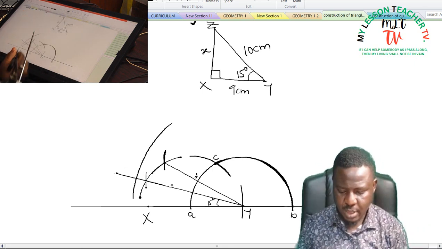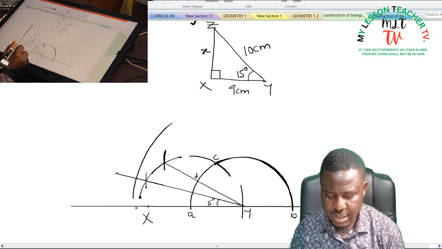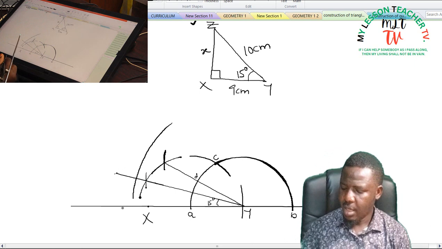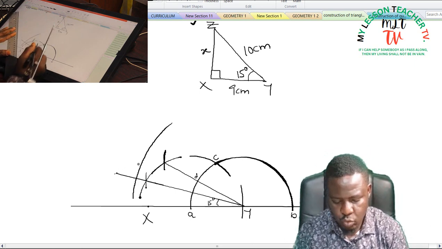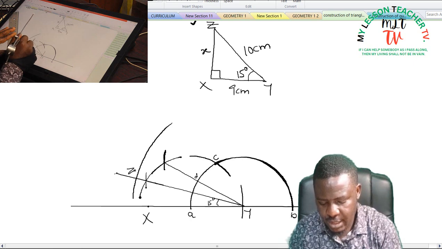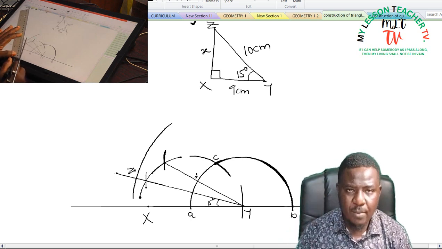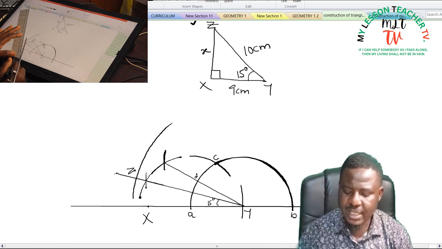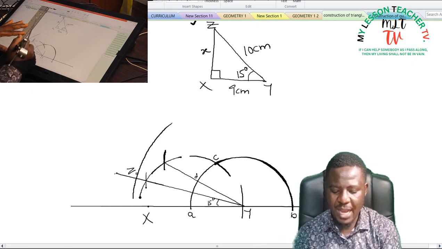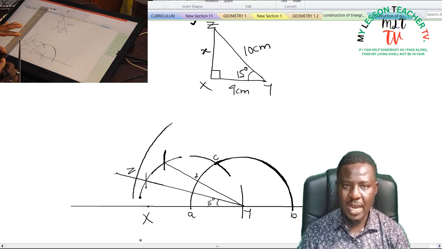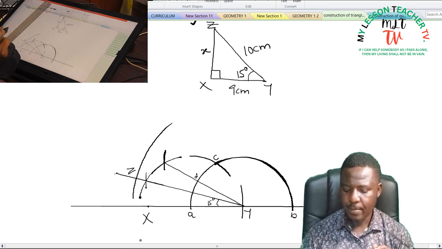Now the question is, point X is outside. And if I should draw a line from X to point Z, it won't be a right angle triangle. So what I'm going to do in this case is draw a perpendicular line from point Z down to XY.